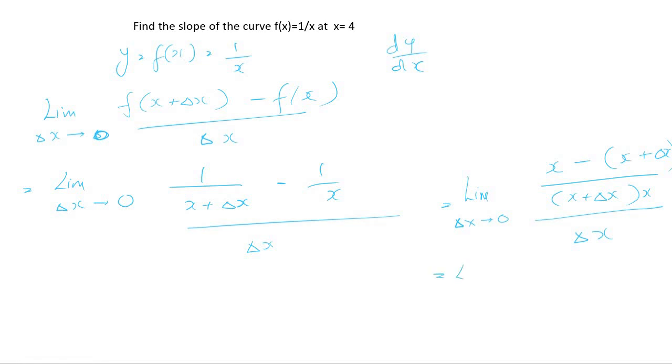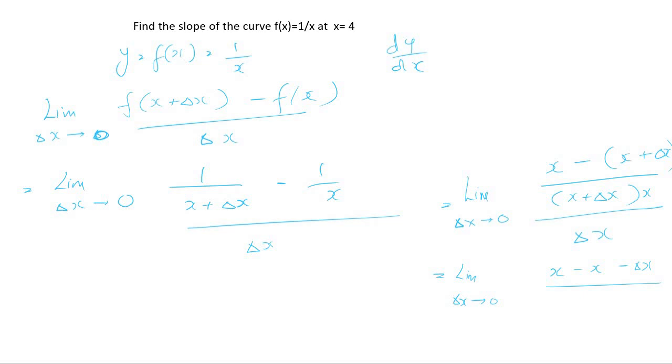So, the next thing we do is we simplify this further. We have the limit as delta x tends to 0, we will get x in the numerator minus x, and then we have minus delta x, and in the denominator we can combine these.